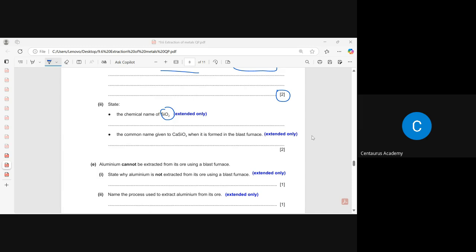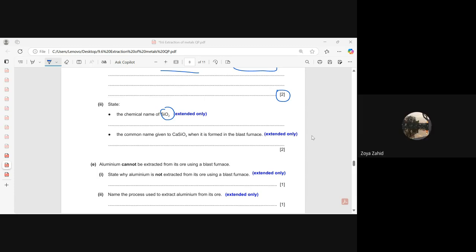Similarly, lime water is a common name, and the chemical name of lime water is calcium hydroxide. So every compound has its chemical name, and some of them also have common names. But not every compound has a common name.